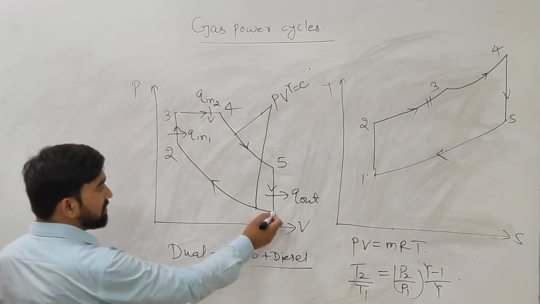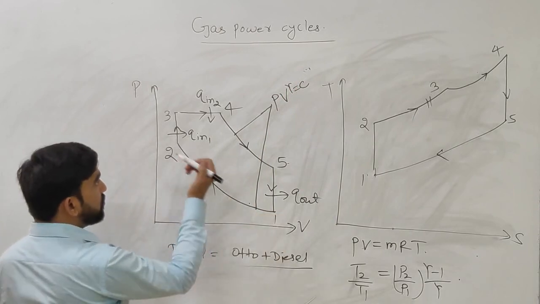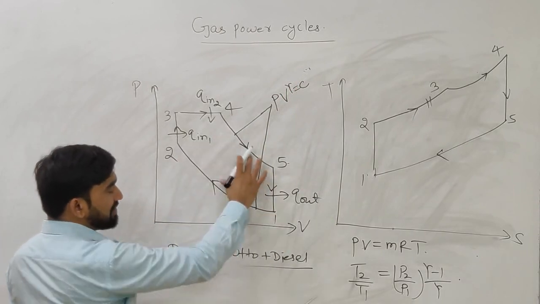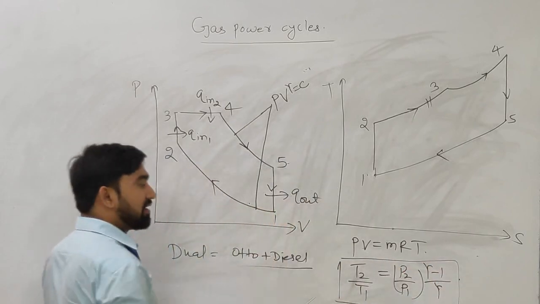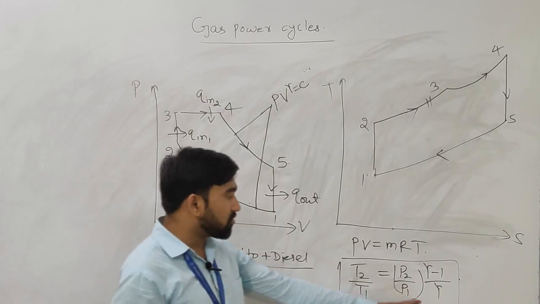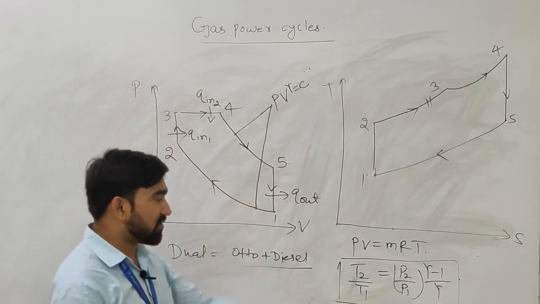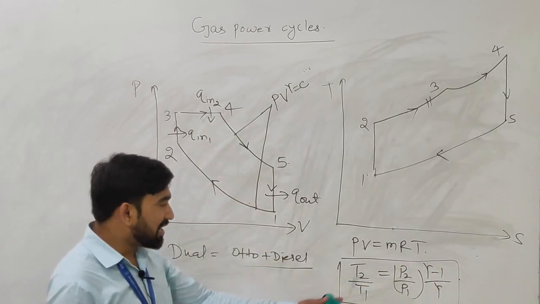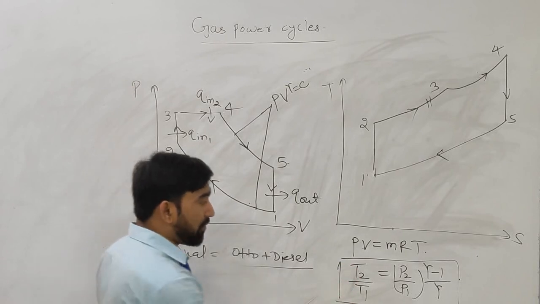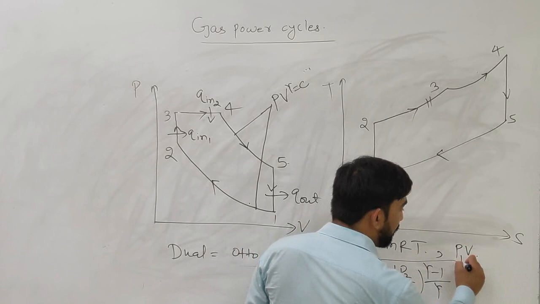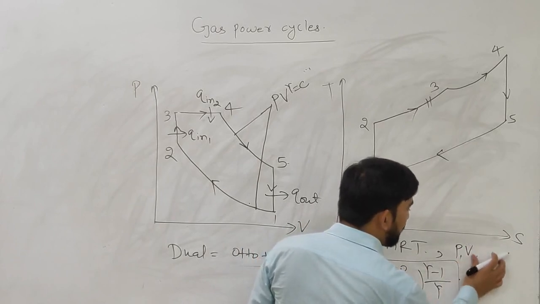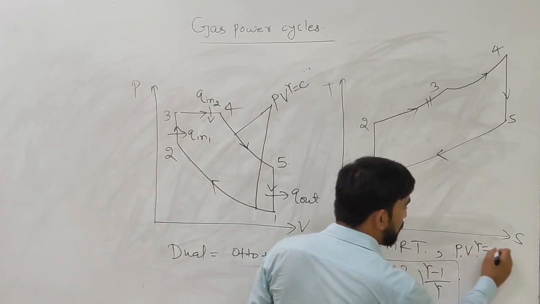So whatever the temperature at point 1, 2, 4 and 5, this can be calculated mathematically with the help of T2 by T1 equal to P2 by P1 to the power gamma minus 1 upon gamma, because it has also been derived with the help of PV equal to mRT and PV to the power gamma equals constant.